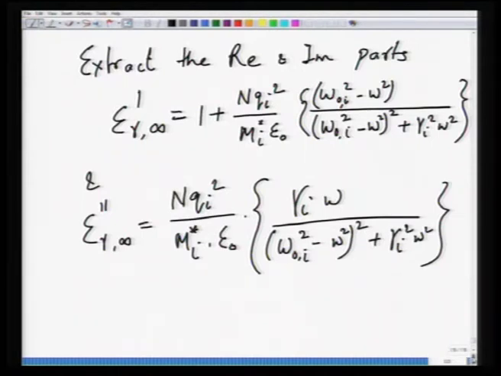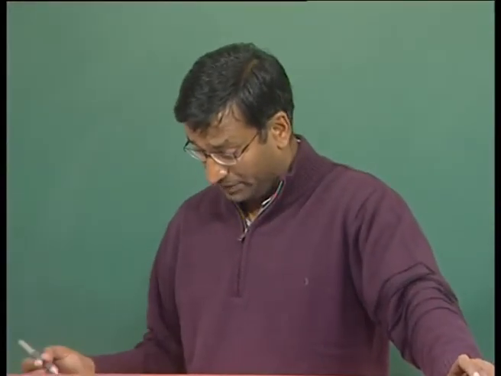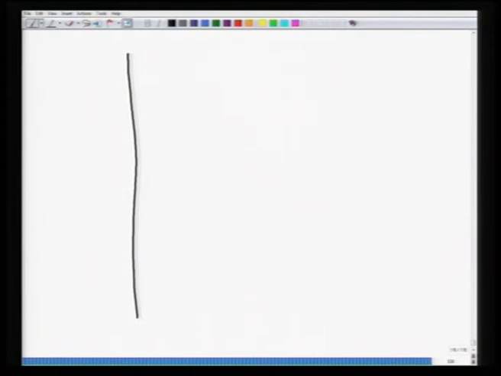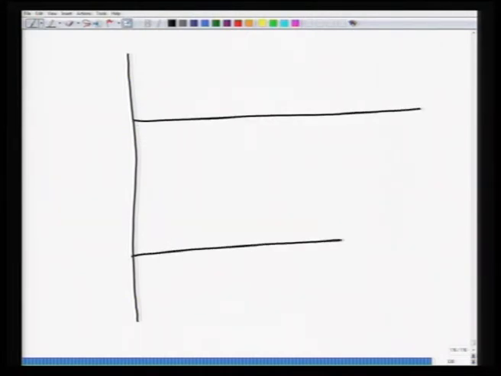So now what we will do is that after having received these two terms for epsilon r prime and epsilon r double prime in the static region of dielectric constant, that is below the resonant frequency, we will plot them. So when you plot them, they look something like this. We will have two lines. Okay, so this is the frequency axis omega.